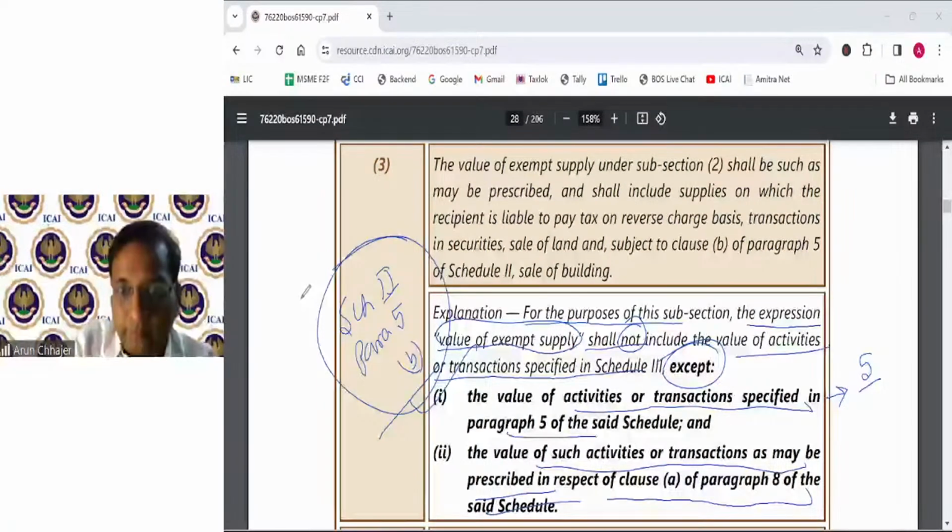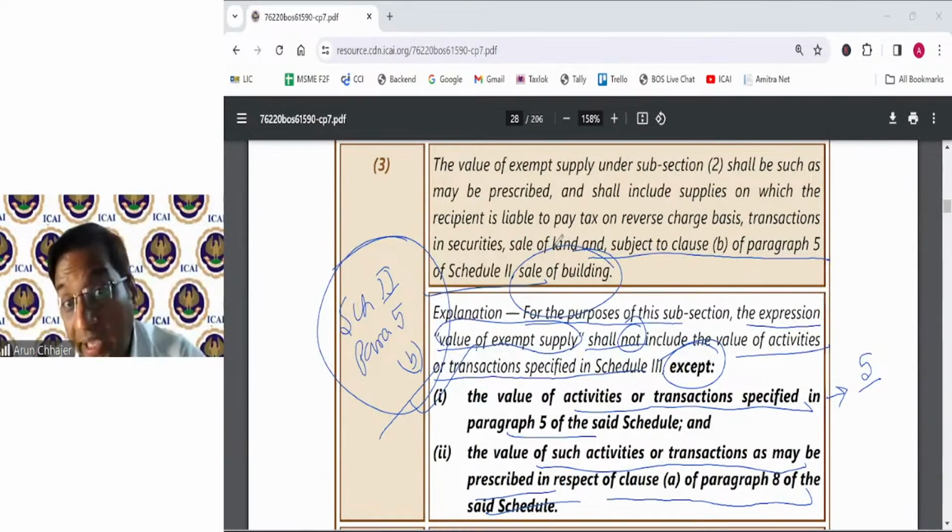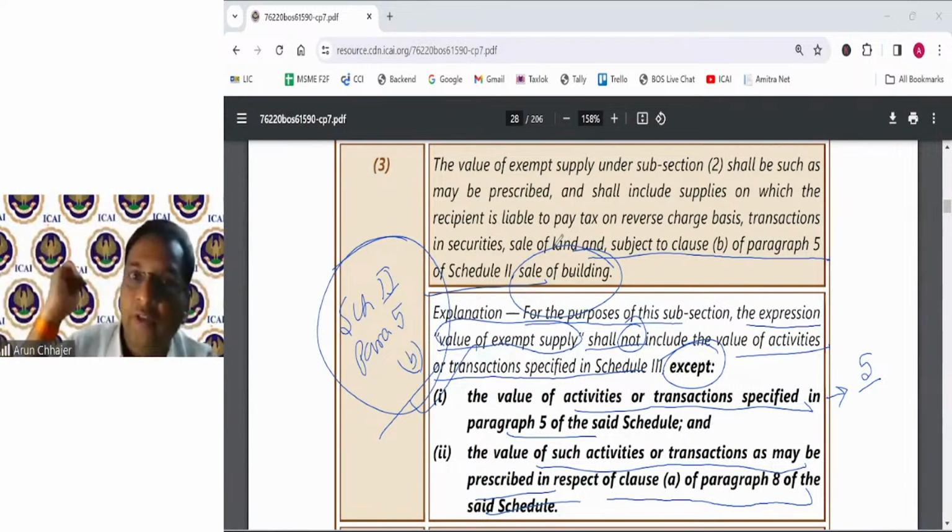So they are using the words subject to clause B, para 5, Schedule 2. It means they are talking about an under construction building being taxable. So if you sell the building after completion, it is out of GST. Why out of the GST? Because it is covered in Schedule 3.